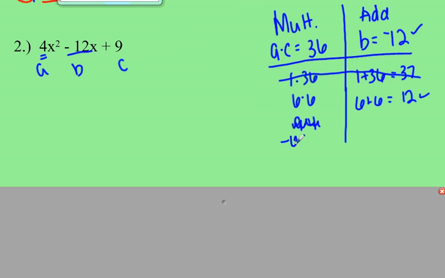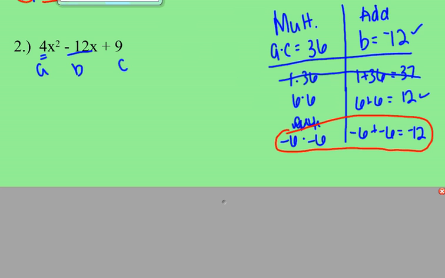Let's consider negative 6 times negative 6, which would still give me positive 36. However, if I add it together, I would get a negative 12. That means negative 6 and negative 6 will be the factors that I'm going to use in my problem. So I'm going to rewrite my first term and rewrite my last term.